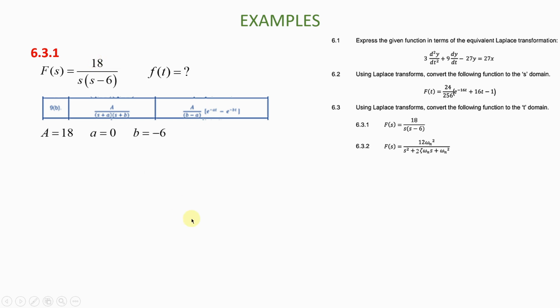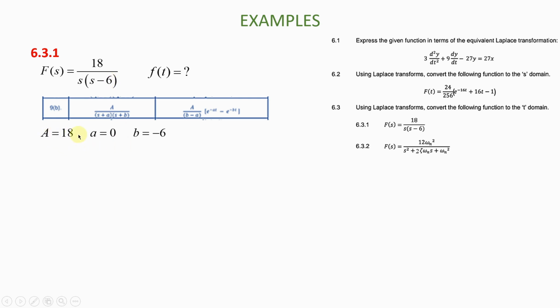So if you look at it carefully, this is what you have. Capital A must be 18 here, small a must be 0 so that we remain with s, and b here must be minus 6 because it's s plus b, so that we have s minus 6.